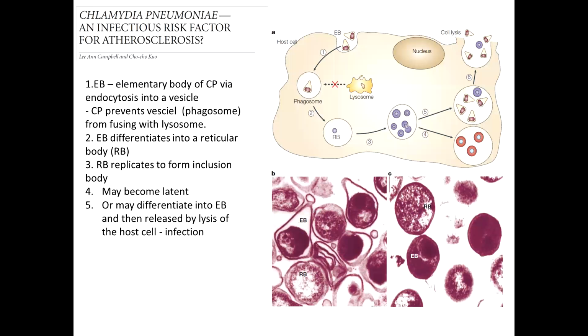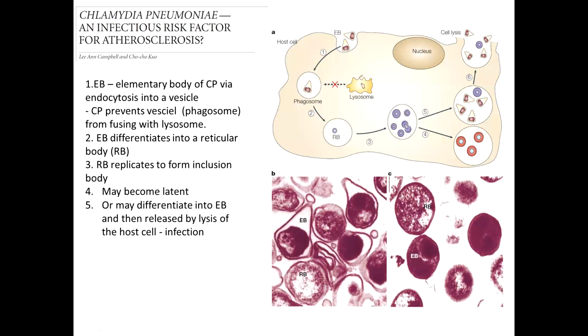Okay. And then chlamydia actually will prevent, sorry for the typo, the vesicle from fusing with a lysosome. And remember, a lysosome is important for degrading things that need to be recycled or things that need to be gotten rid of. So this phagosome maintains the elementary body of chlamydia.